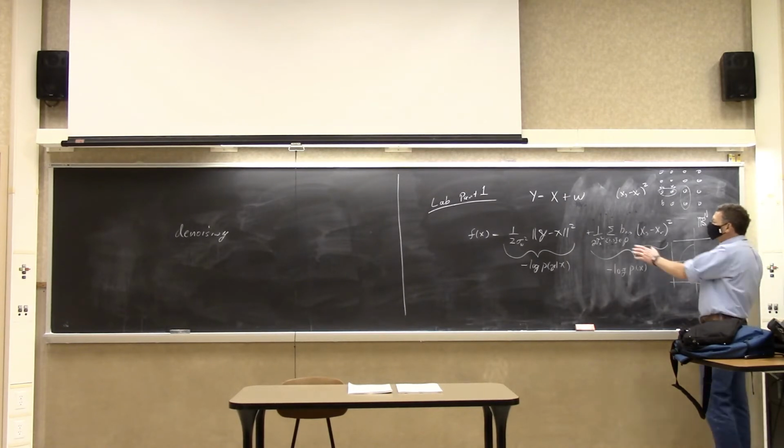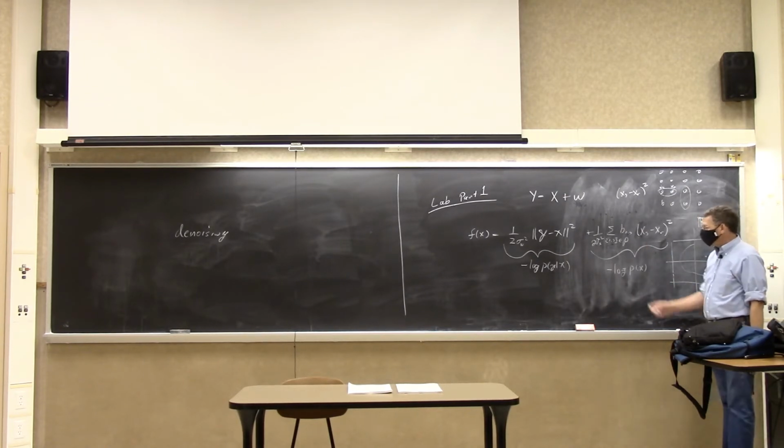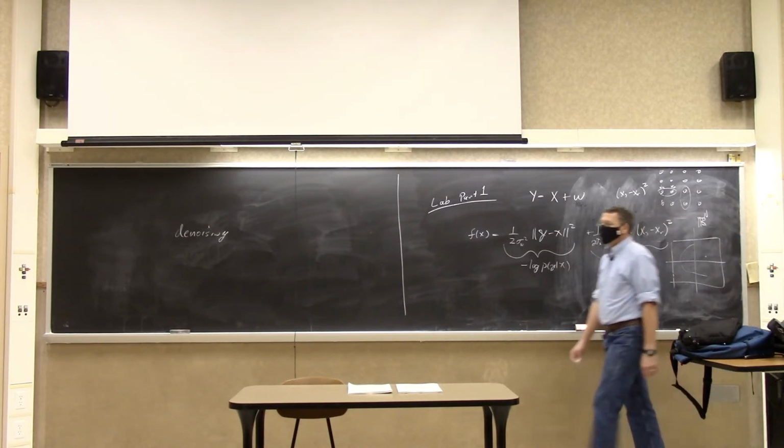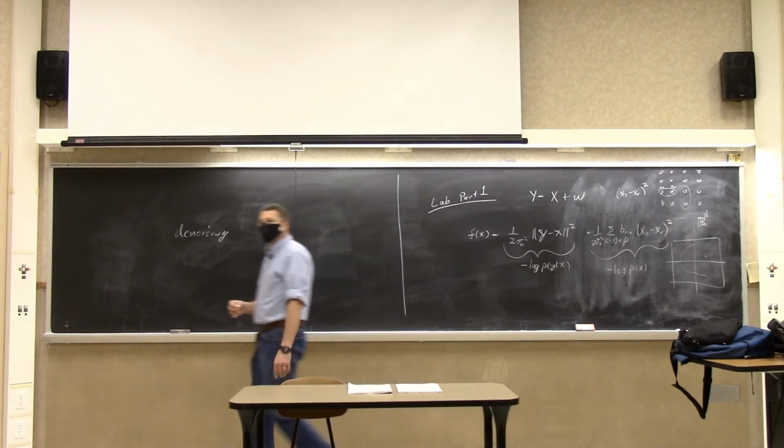So what is this probability distribution saying? This is the negative log. If the negative log is large, what does that tell you about the probability? Maybe logs are less intuitive. Everybody, I think, is more intuitive about exponentials.